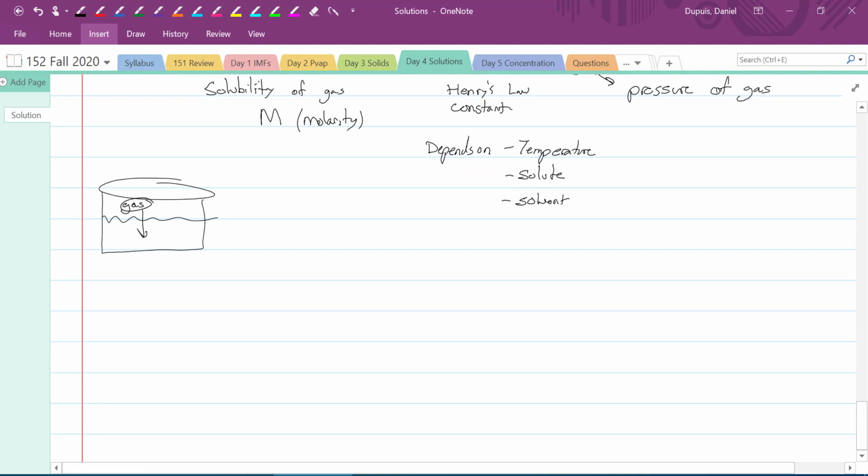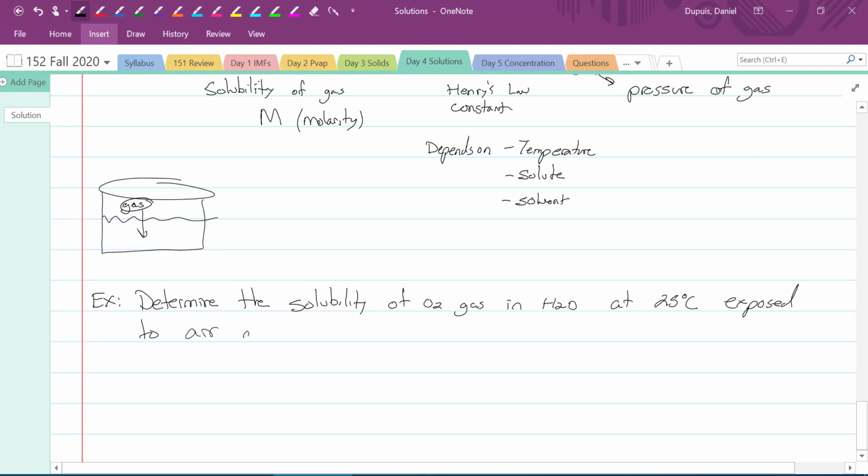Let's do an example of Henry's law. Determine the solubility of oxygen gas in water at 25 degrees Celsius exposed to air at 1.0 atmosphere.